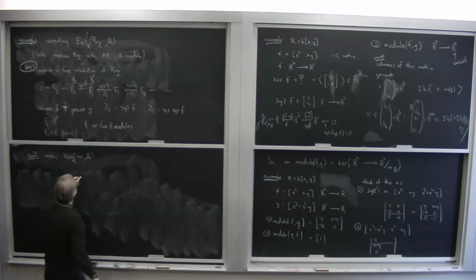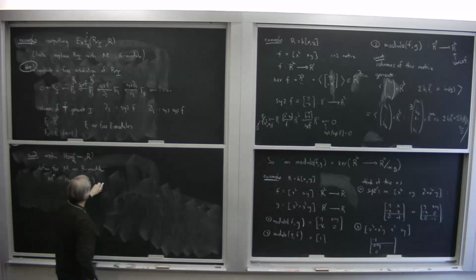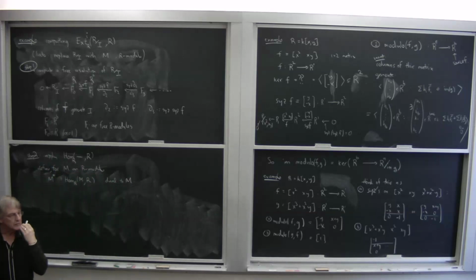Well, we will define for M a module in our module, M star, by definition, is Hom over R of M comma R. And this is the dual to M. R dual, maybe, if you want. But anyway, this is the dual module. It's kind of like the dual vector space.